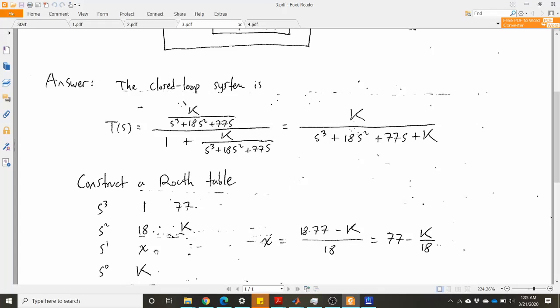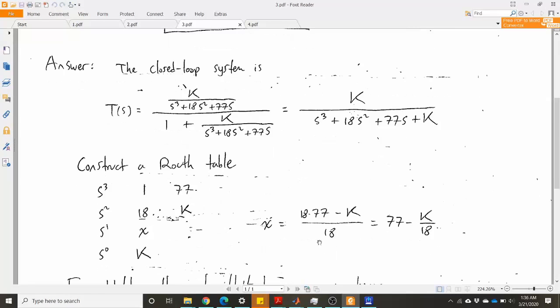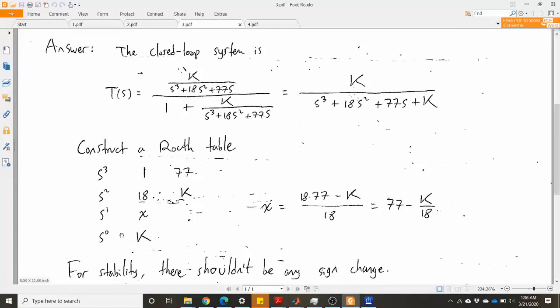The next step is to find x, which is 77 times 18 minus 1 times k, so 77 times 18 minus k over 18, so x is equal to 77 minus k over 18, and this term is just k.